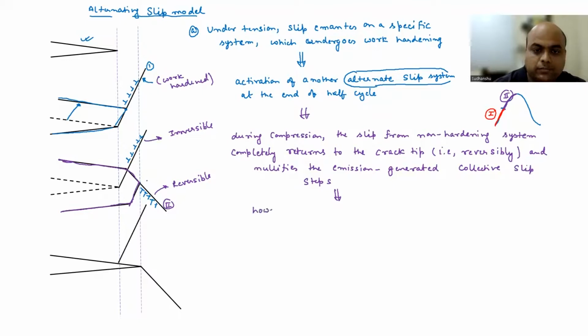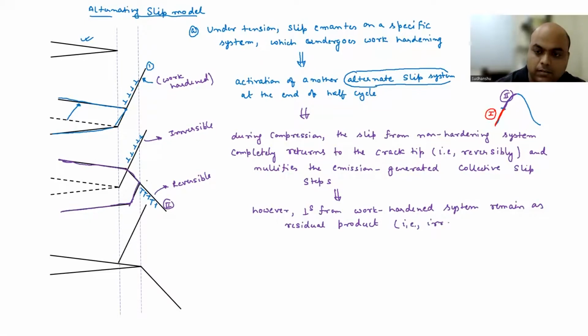Okay, however, dislocations from the work hardened system remain as residual product. That is irreversibly. And when this happens, there is crack extension along the perpendicular plane.